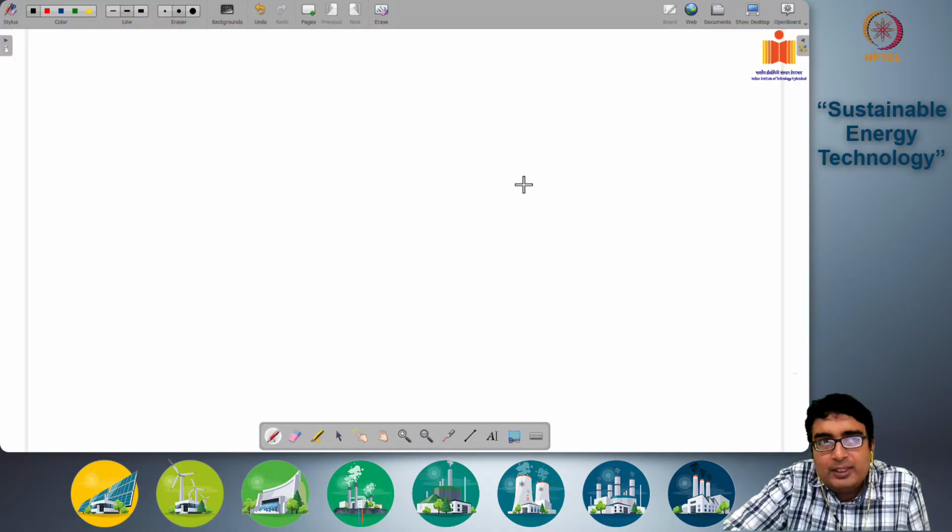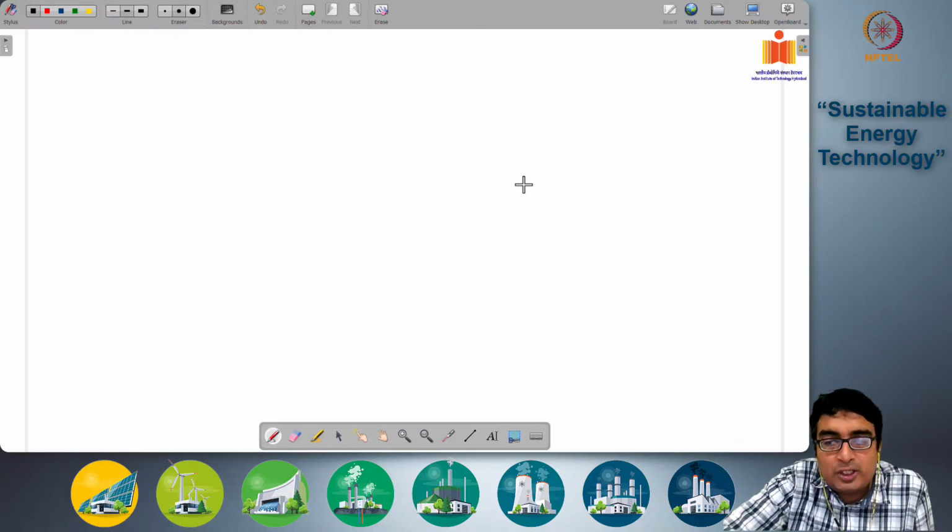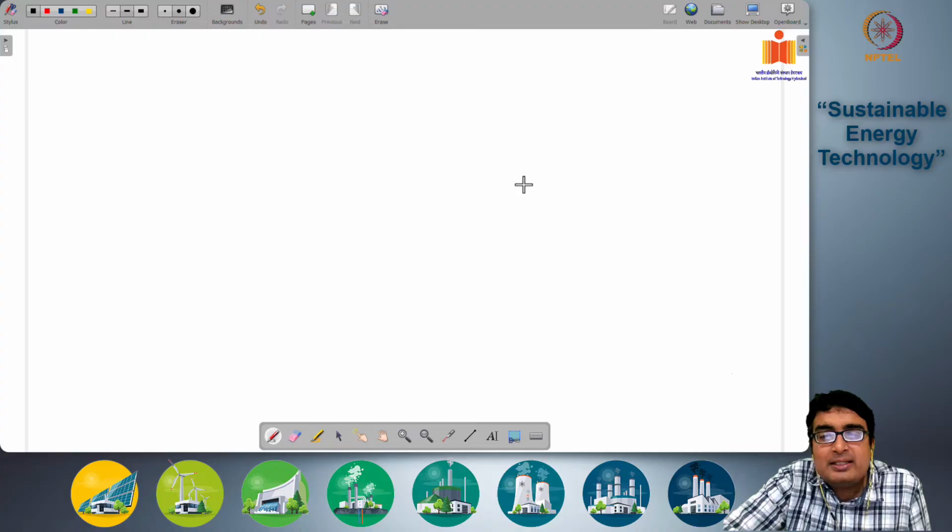And we said that there are certain technologies that can help mitigate these concerns, and one of the major types of this technology is energy storage technology. So in the next few classes, starting from today, we will discuss the various types of energy storage systems that exist in the world and how they can be applied in the context of renewable energy production and distribution.